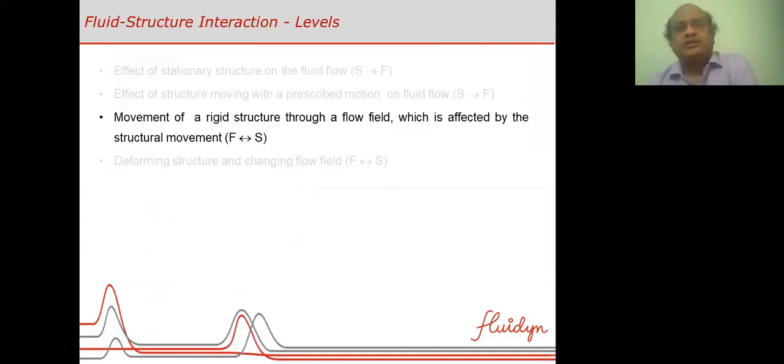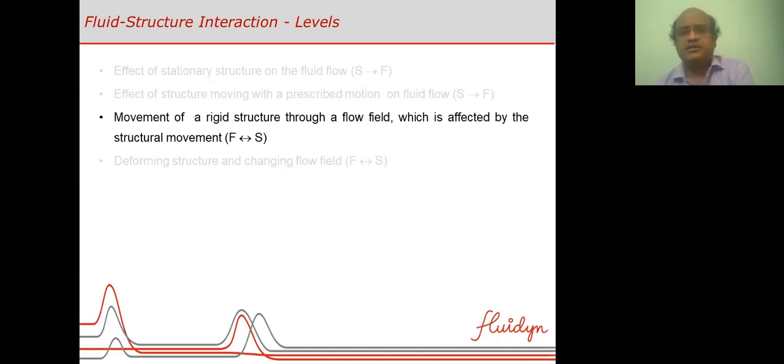Now, the next level is a somewhat more complex problem, where the movement of the rigid structure is not prescribed, but is determined by the flow of the surrounding fluid also.